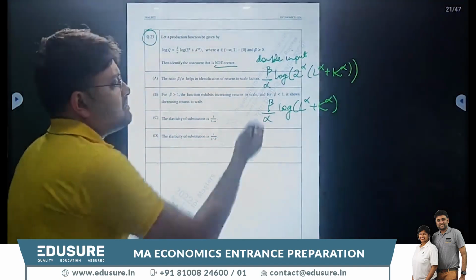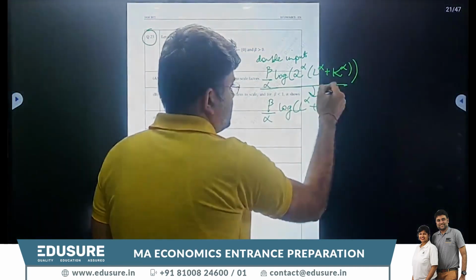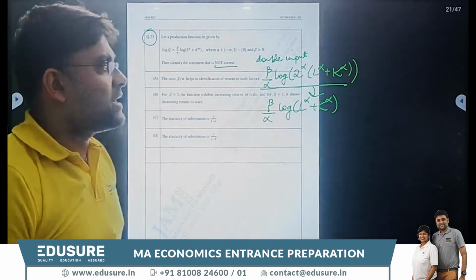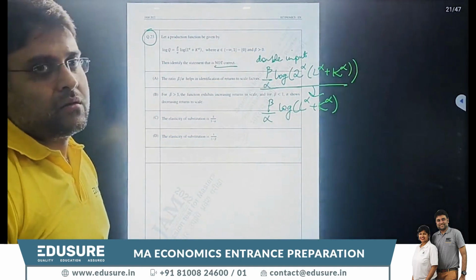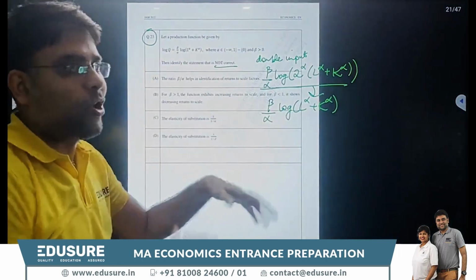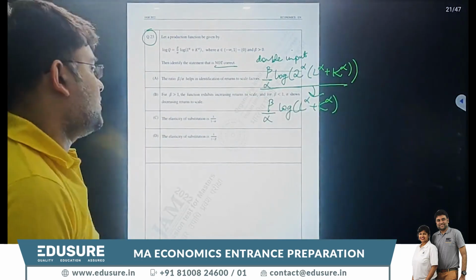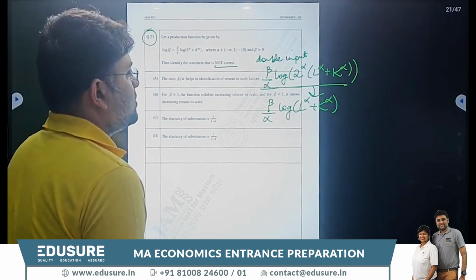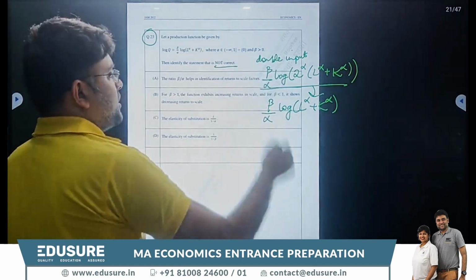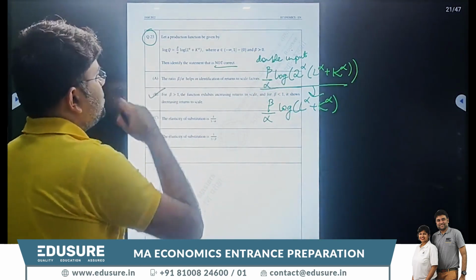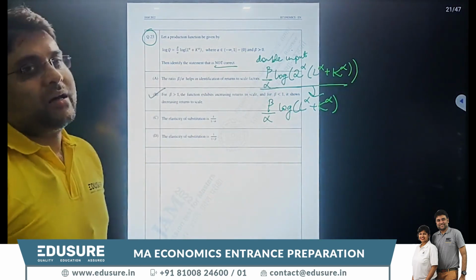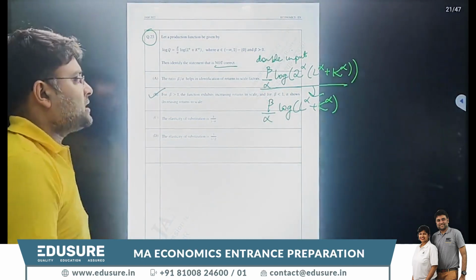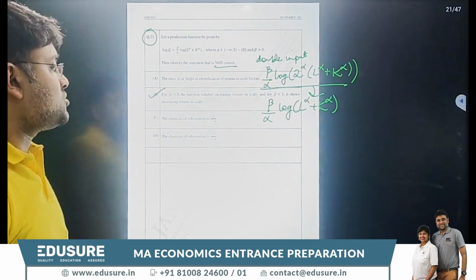I can't say that this is double of this because I have a logarithm there. That is the extra term. Right? I'll get log 2 times. So the returns to scale cannot be commented on if I have a log here. So this is definitely one of the answers. This is an MSQ, multiple select choice, so multiple can be correct. B is an answer, which is not correct.